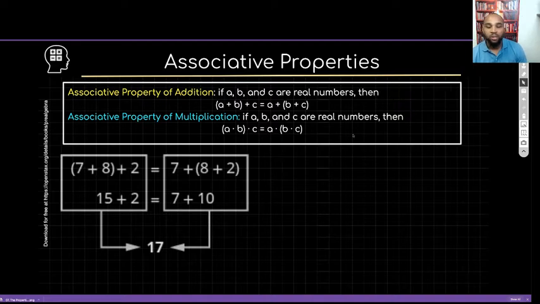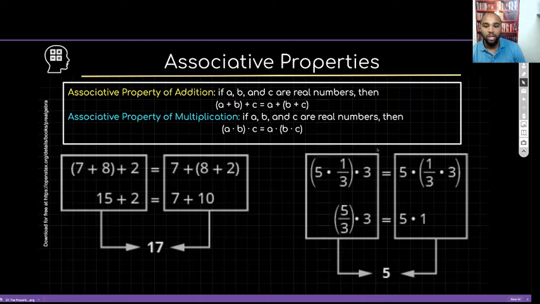For instance, look at this. 7 plus 8 plus 2 is 15 plus 2, because we added 7 plus 8 first, because you do parentheses first in PEMDAS. Or we could have done 8 plus 2 first, which gives us 10 plus 7. But you can see that they both are going to give us 17. Same thing with multiplying. 5 times 1/3 is 5/3 times 3 is 5.